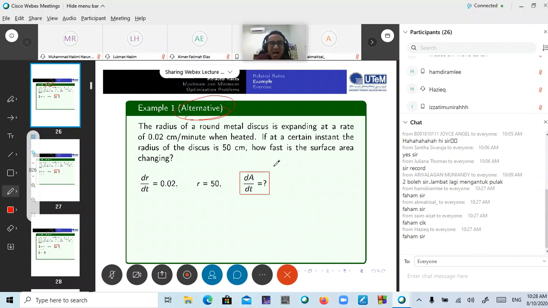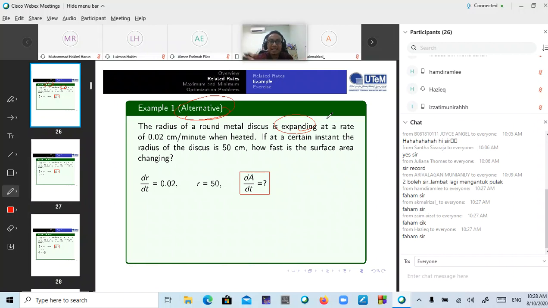So you list down all the info given in the question, which is dr over dt equal to 0.02. Again, it must be positive. Why positive? Because it is expanding. When it is expanding, getting longer, it is positive. If it is shortening, it will be negative.